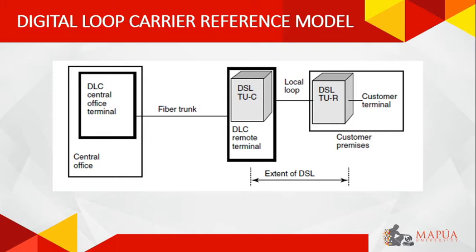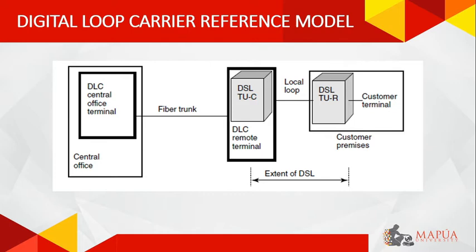More often, DSL service for customers in areas distant from a CO is enabled by the placement of a DLC-RT in the neighborhood as shown in the figure on the screen. The DSL signals traverse the relatively short copper wire between the customer and the DLC-RT.